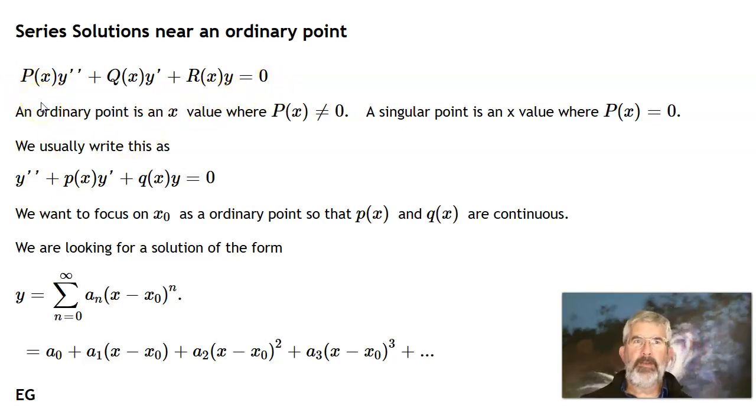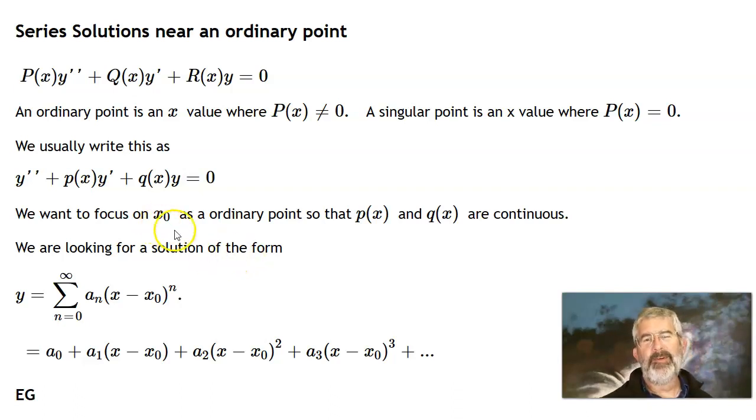So if your x0, the independent variable for your initial condition, is at a spot where capital P is equal to 0, then when you divide by it, this lowercase p and q will not be continuous at that x0. And all the theorems saying that you're going to have a solution don't apply. So we need to make sure that we have continuity at x0.